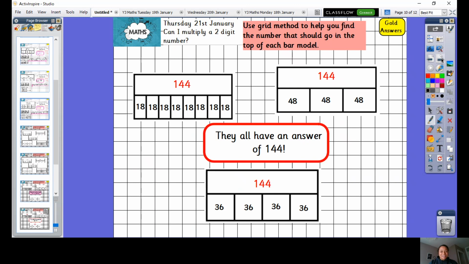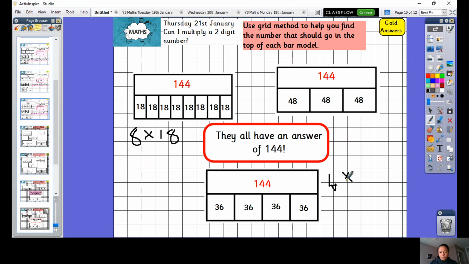Okay, how did you get on with that one? Did you find that they all have an answer of 144? Even though their calculations were different. So for this one, we've got 1, 2, 3, 4, 5, 6, 7, 8. 8 times 18 to give us an answer of 144. Down here we had 4 times 36.